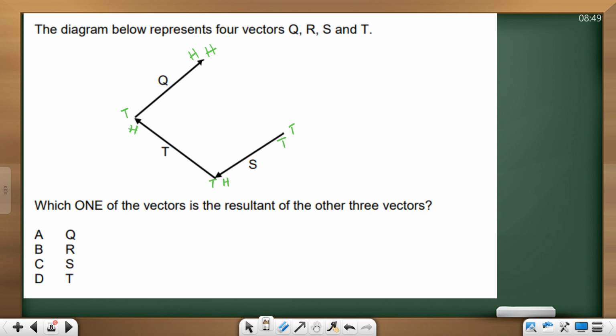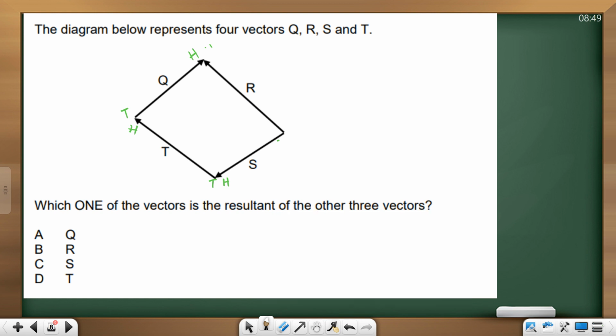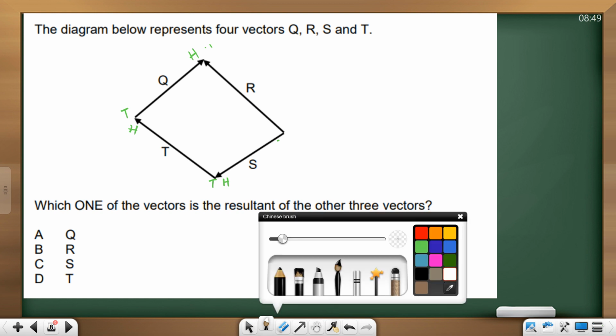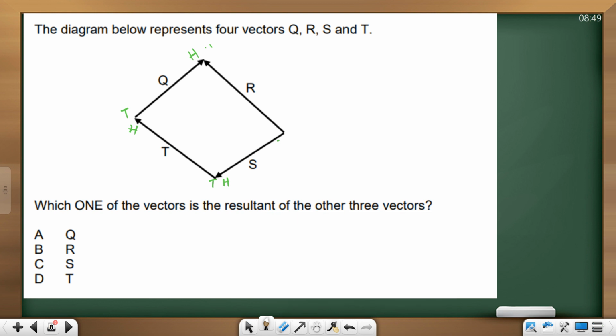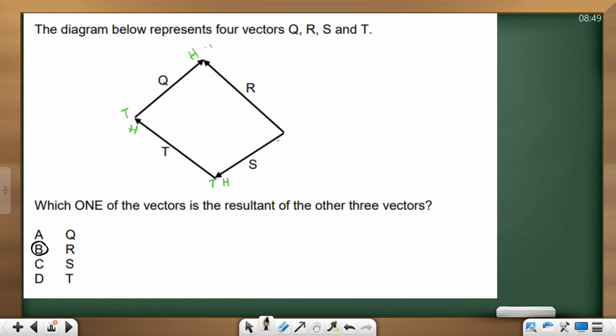There's an open tail, and there's an open what? Head. And that becomes my resultant. Did that make sense, everybody? So my correct answer is what? It's not R. Option is what? B. Science learners and English. Correct option is B. We're good. Thank you so much, guys.